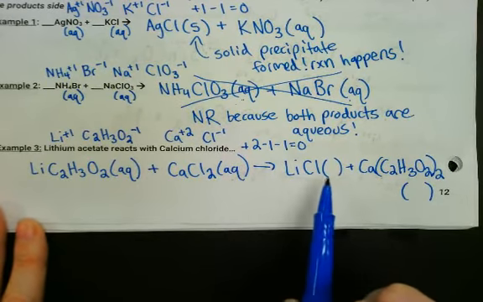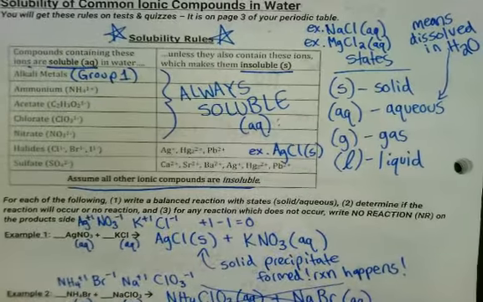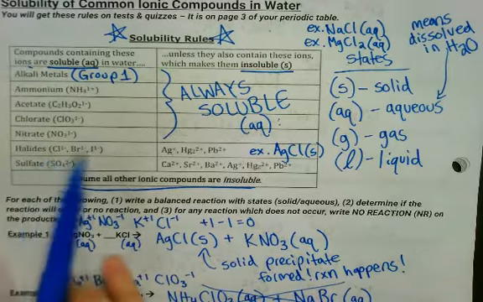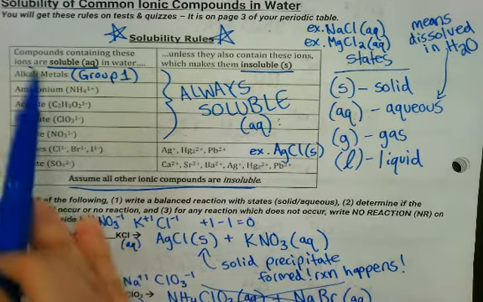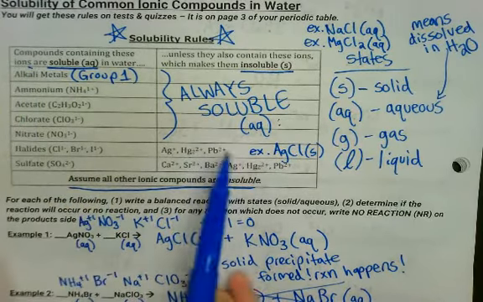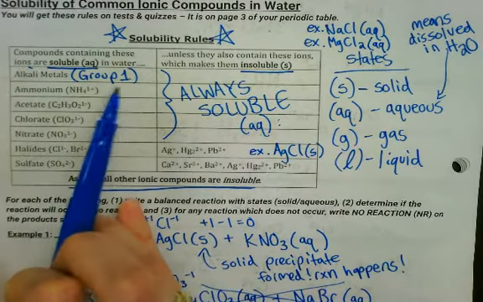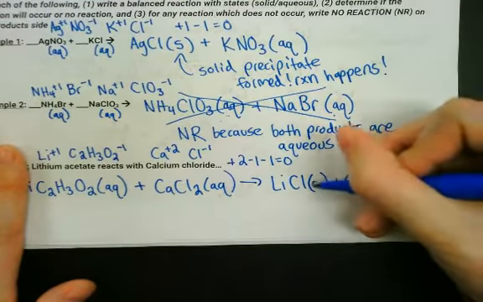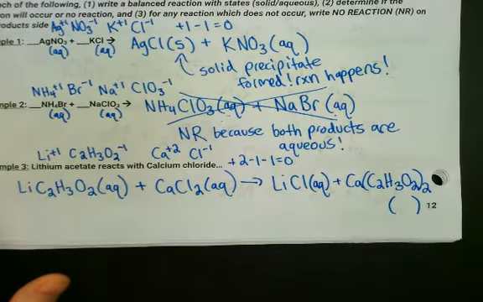So we're going to look at our solubility rules again. Up here, lithium is a group 1 metal. Chlorine is also listed as something that is soluble unless it is paired with these 3. But since lithium is a group 1 metal, we know anything with lithium will always be soluble. So we can write aqueous for lithium chloride, and for calcium acetate, same thing.